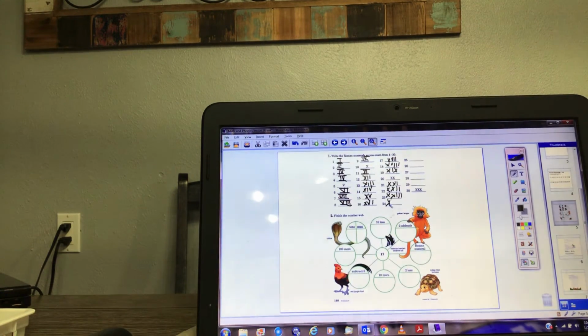So 24 would be XXIV. 25 is XXV. 26 would be XXVI. 27 would be XXVII, these are horrible. 28 would be 10 plus 10, which is 20, 5 plus 3, 1, 2, 3.